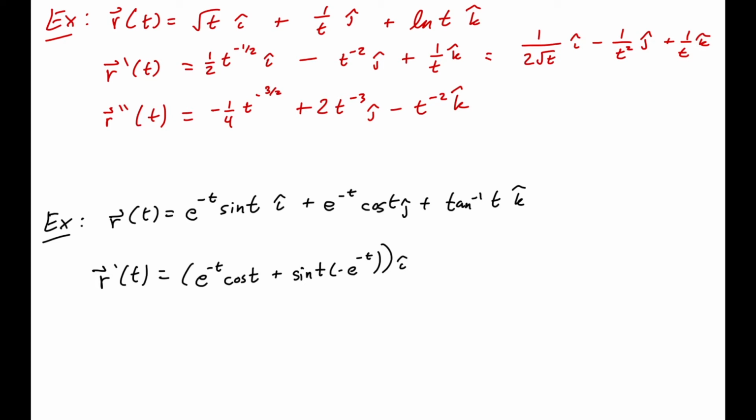All right, if you didn't remember that, try it again now. Try the product rule on the second one. e to the negative t times negative sine plus cosine t times negative e to the negative t in the j component, and I'll have to sneak it in, plus 1 over 1 plus t squared in the k component.